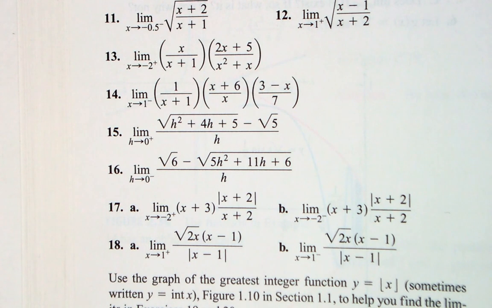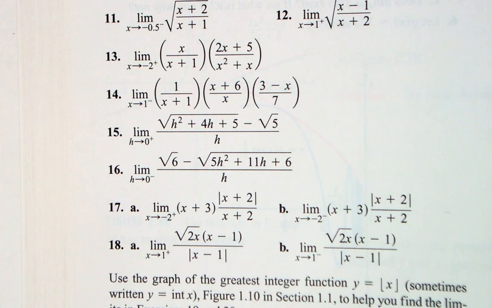But if this ended up negative, then that would be negative the quantity x plus 2, so those would cancel down to a negative 1. So what we've got to think about is, I'm approaching negative 2 from the right, so this is going to be positive because I'm going to get, say, negative 1.9, and that gives me 0.1 positive. We're going to leave it alone, and then we can work from there.